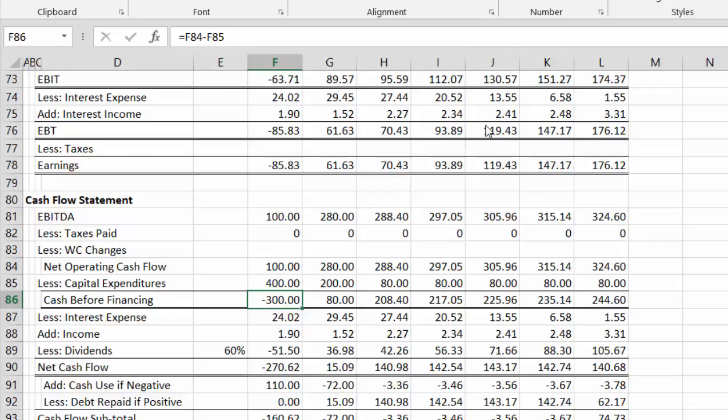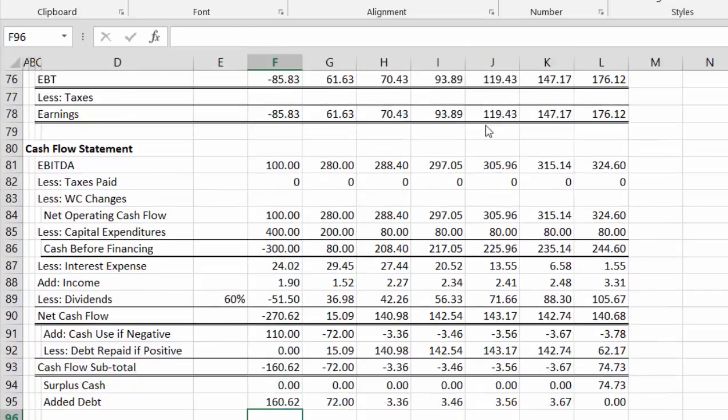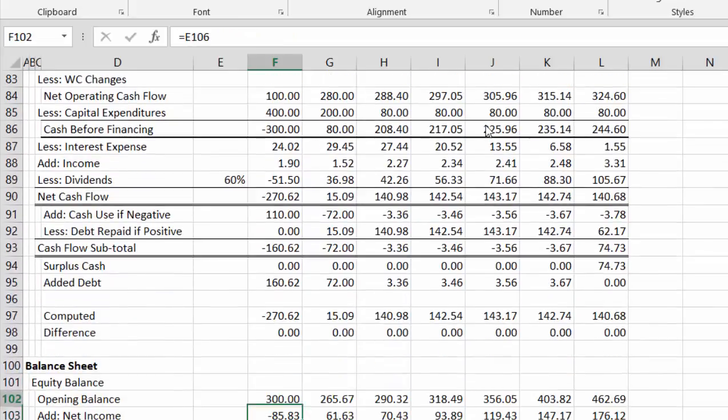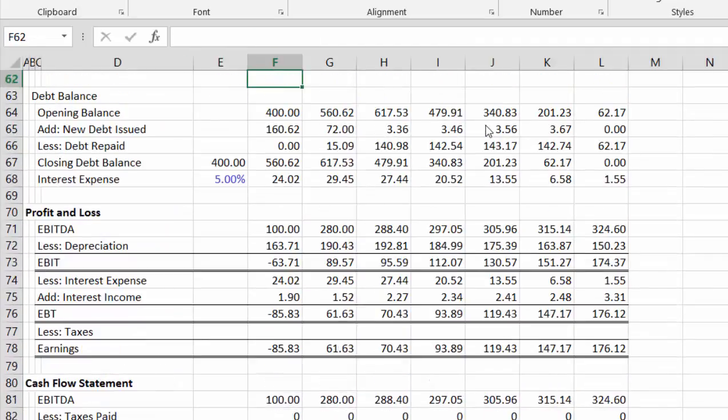This time we're going to have to use EBITDA, take away taxes paid, which is just up here, and we're going to have to reflect that in the function. Okay, so it'll get a little more complicated.